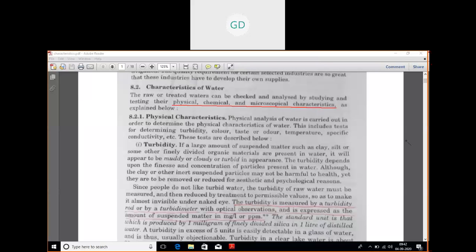So we will first study the physical characteristics. You can write the heading: physical characteristics.